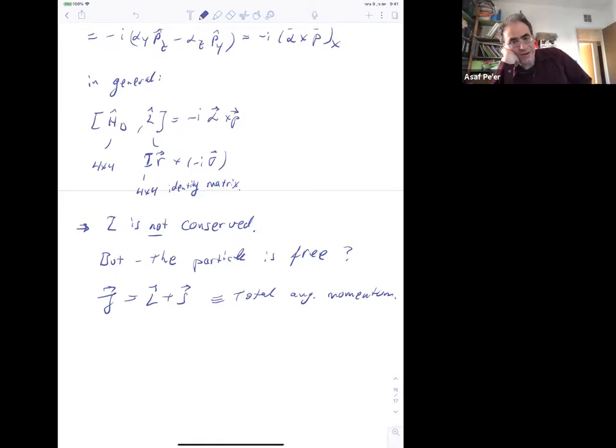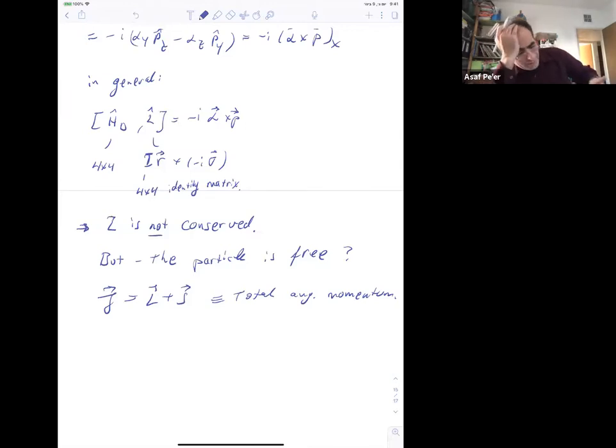Now, here is a very big difference between Schrödinger's treatment and Dirac's treatment. In Schrödinger, spin is completely separated from the orbital angular momentum. It lives in its own Hilbert space, right? They are completely decoupled. In Dirac, it is not.